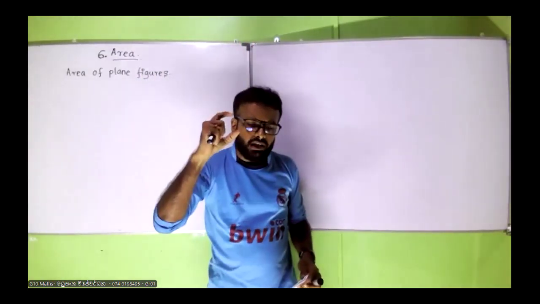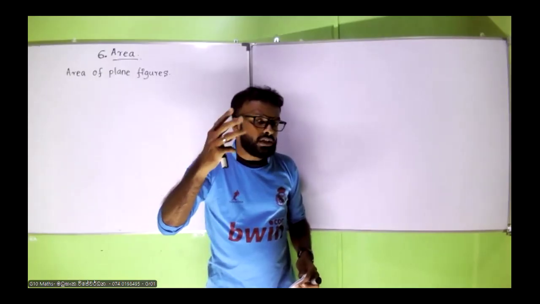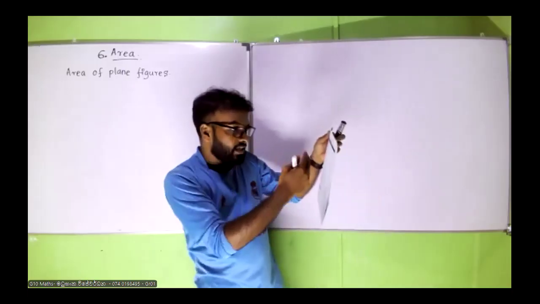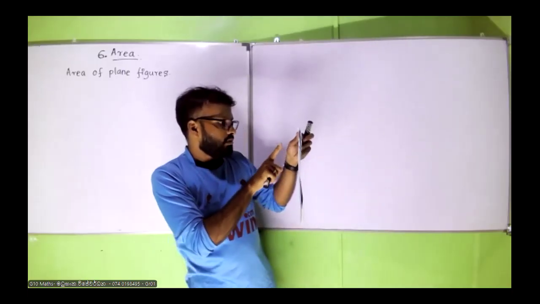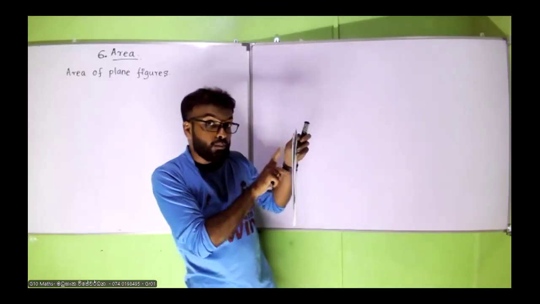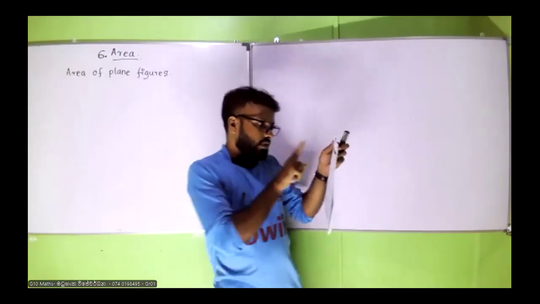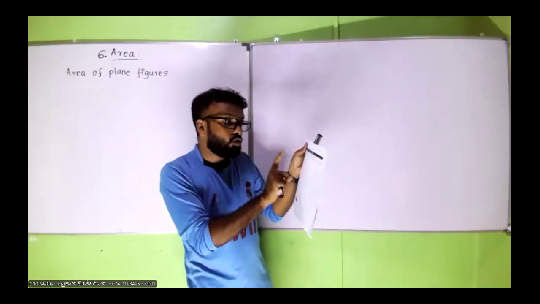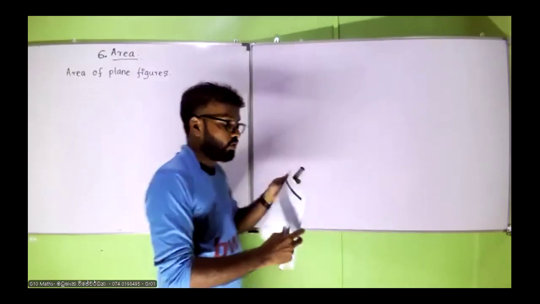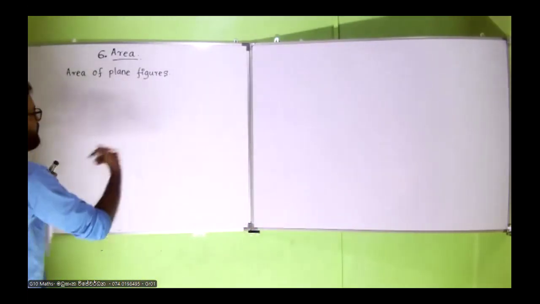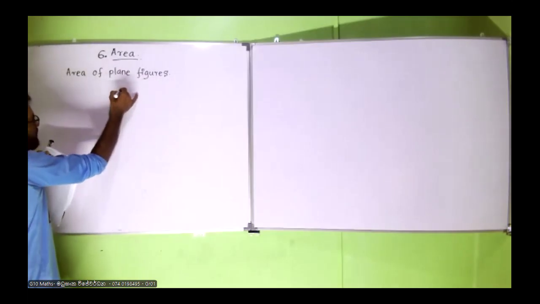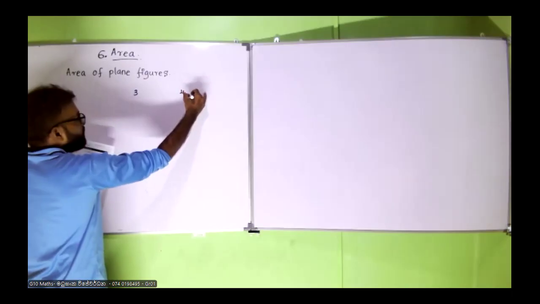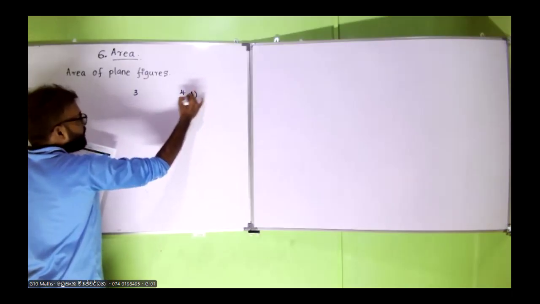I will give you 2 to 3 minutes to remember and fill the third column and the fourth column. I will give you a hint how to fill the fourth column, where you have the formula for area.